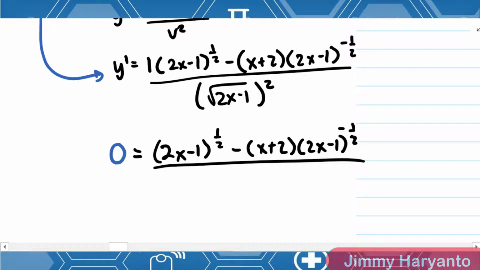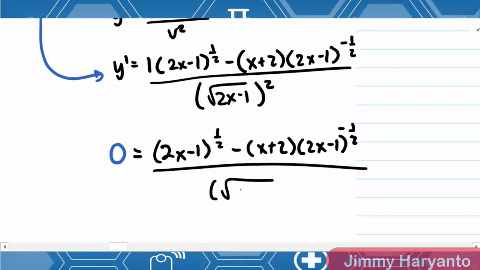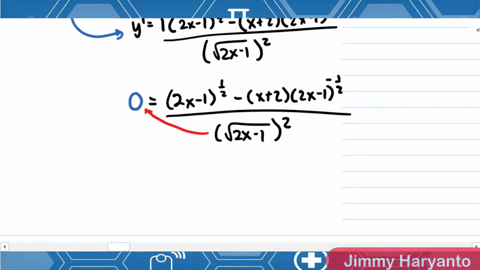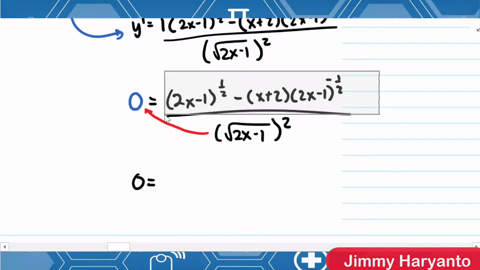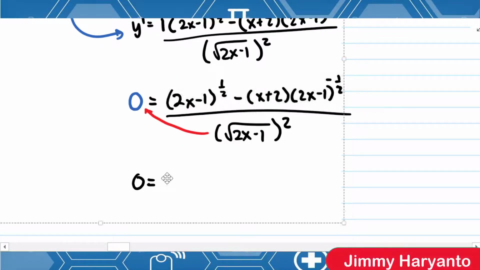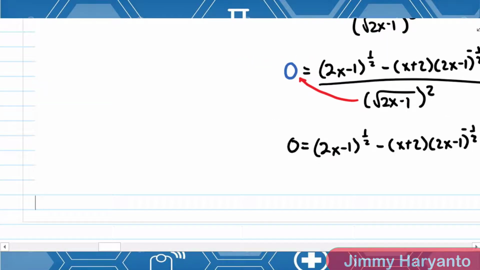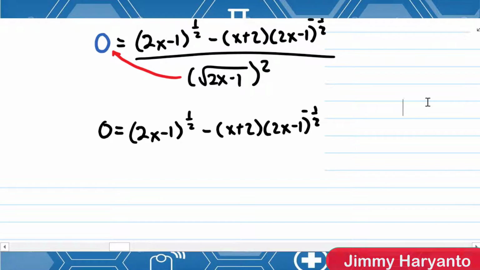Yeah, for the bottom part, I will cross multiply, the square root of 2x minus 1 to the power of 2, with 0. So I will get 0 equals to this one, without the denominator, because 0 times anything equals 0.